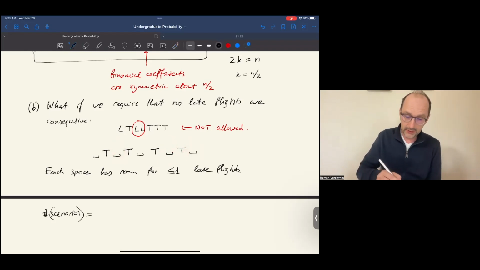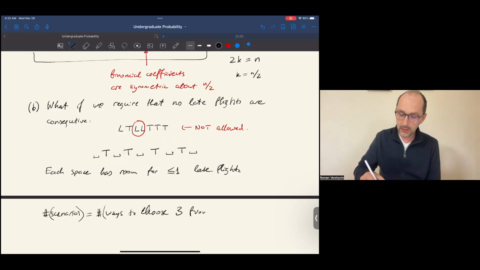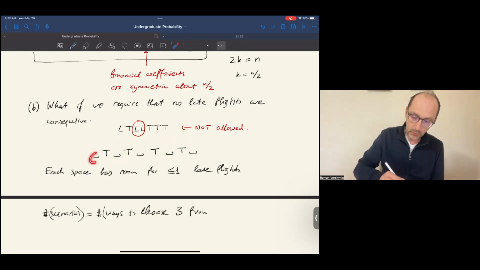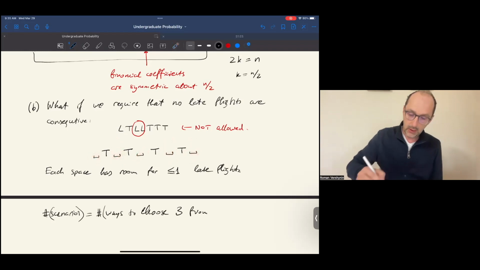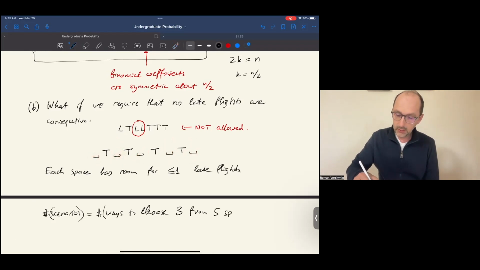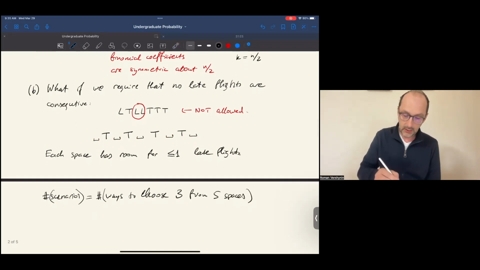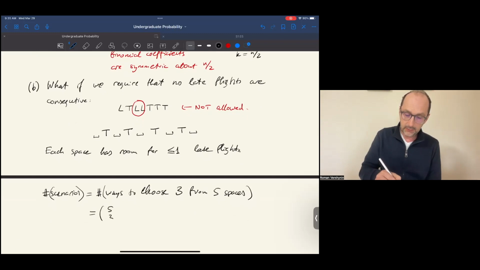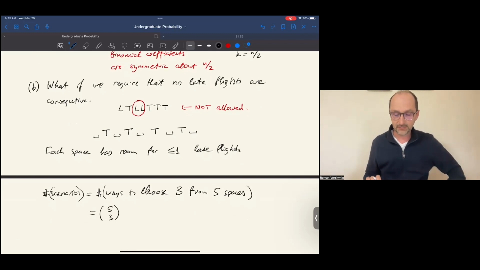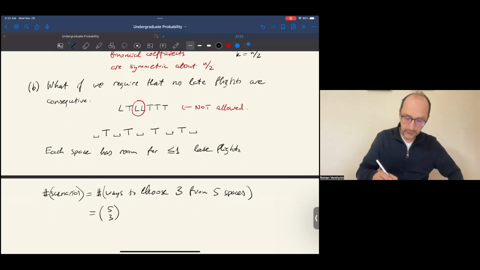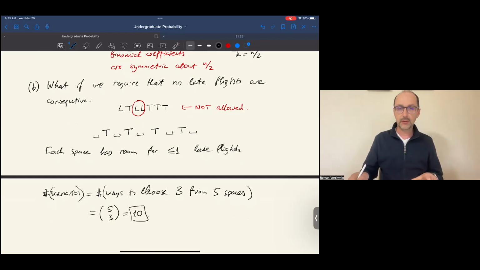How many ways to do that? The ways to choose 3 spaces from, how many spaces do we have? 1, 2, 3, 4, 5. From 5 spaces. And that's 5 choose 3. And 5 choose 3, if you compute that, that's 10. So the answer is 10.